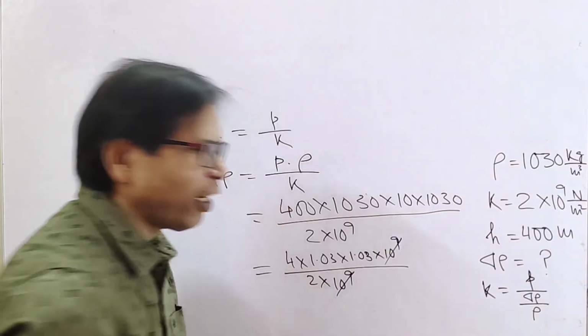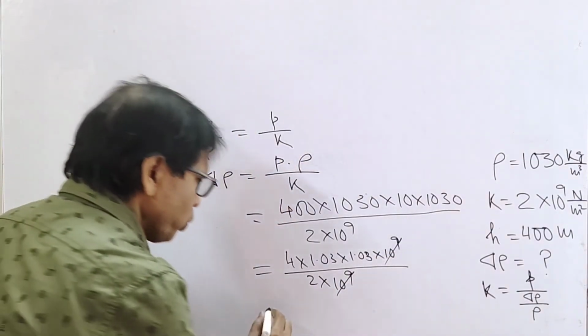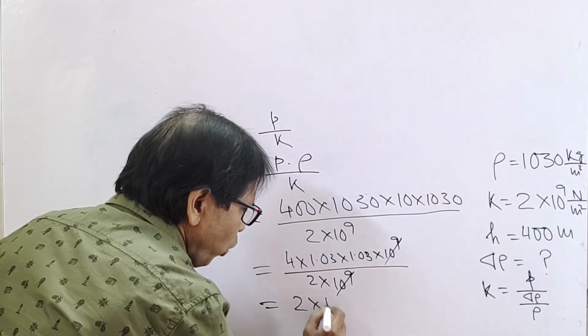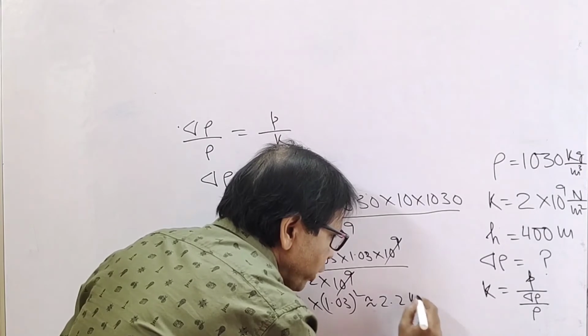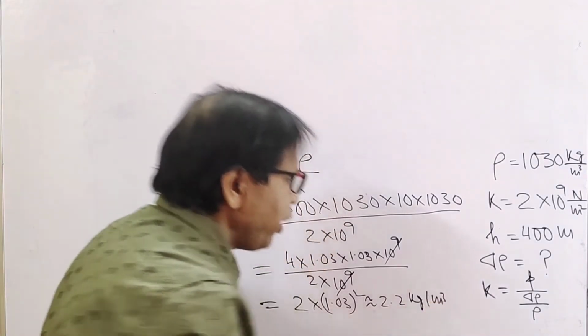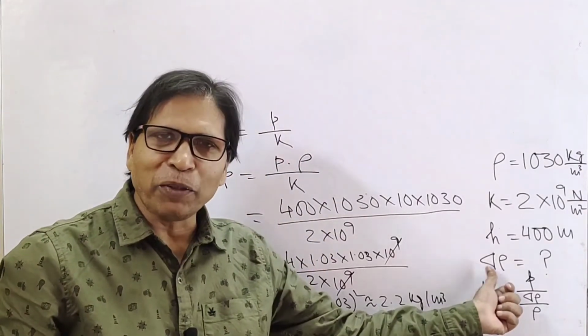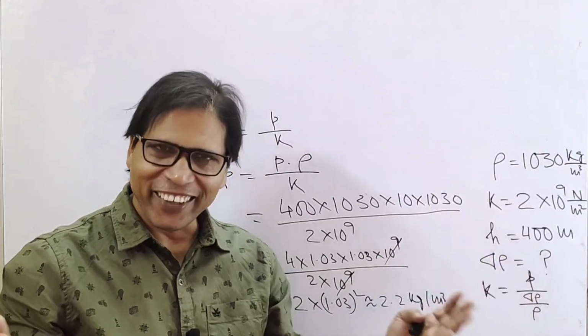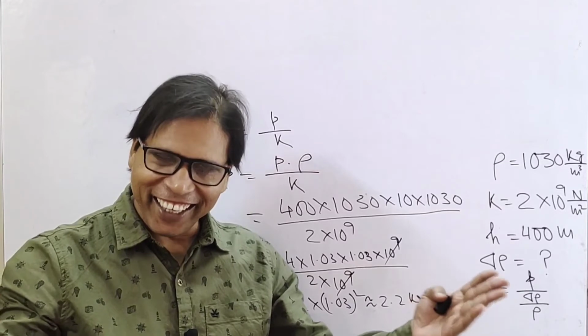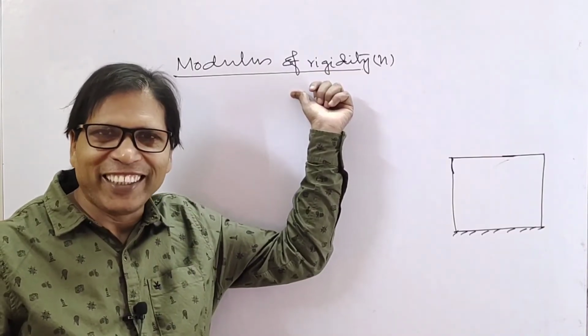This and this cancel out. So this is 2 into 1.03 whole square. So 2.2 kg per meter cube is the increase of density of seawater at the depth of 400 meter. Okay? Understood? Next. Now modulus of rigidity.